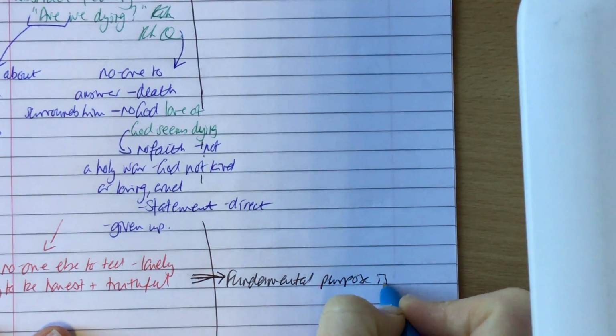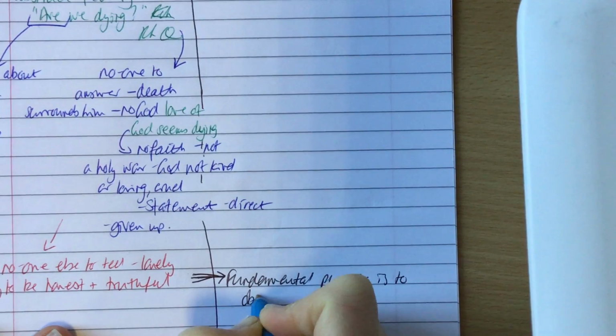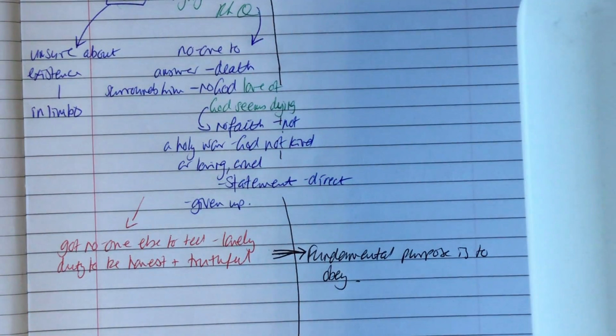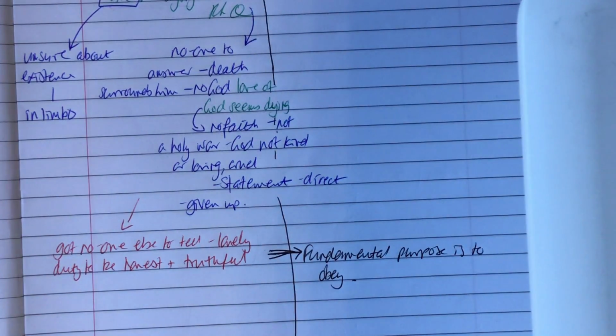Okay, is Wilfred Owen disobeying an order? Well, he is kind of, because he's trying to get the truth out while the censorship is trying to stop the truth going out. It's too violent for them.